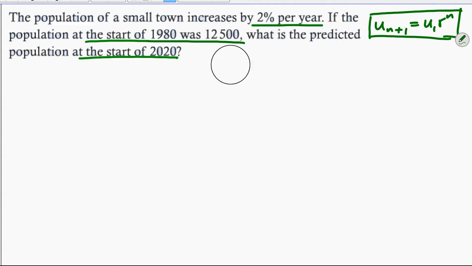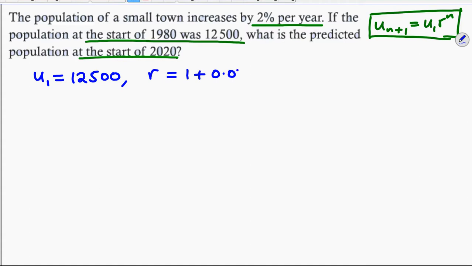Once you establish that, which is very important, that is the population after n years. We need to identify how many years you're working with here. Our first term is 12,500. The population of the town increases by 2% per year, so R will be 1 plus 2%, which is 0.02, which gives us 1.02.